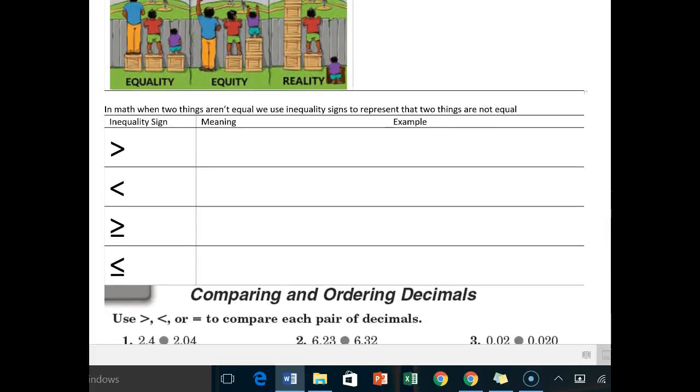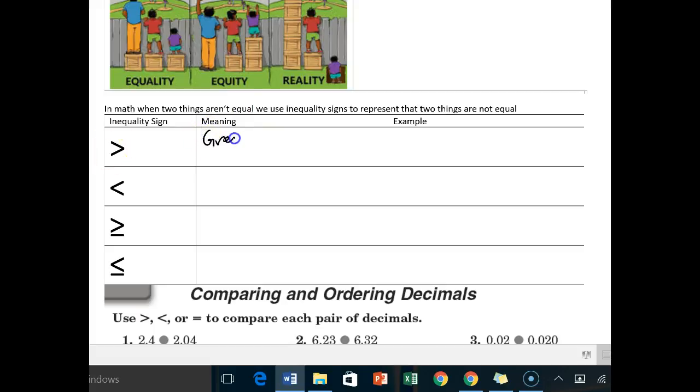So in math, when two things aren't equal, we use an inequality sign to represent two things aren't equal. So this guy right here, this is the greater than sign. And an example of this would be something like 3 is greater than 1, or 0.27 is greater than 0.2, or maybe even a little bit more difficult.